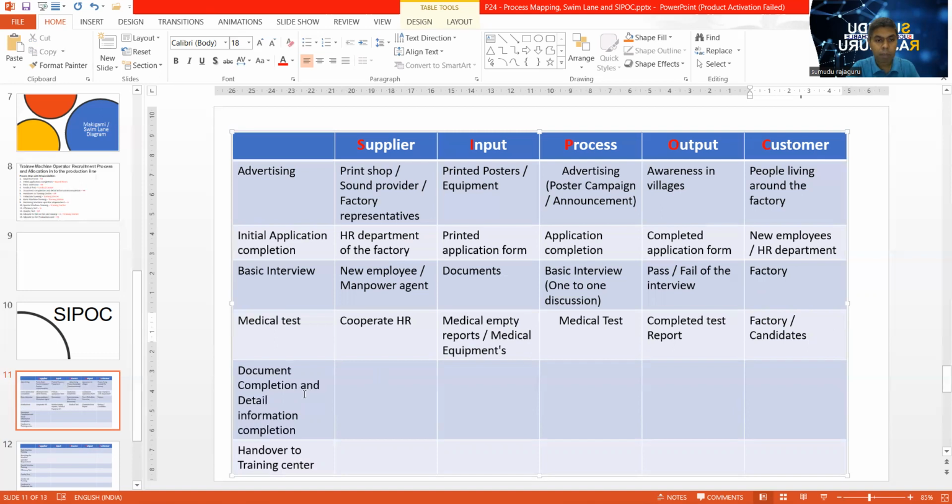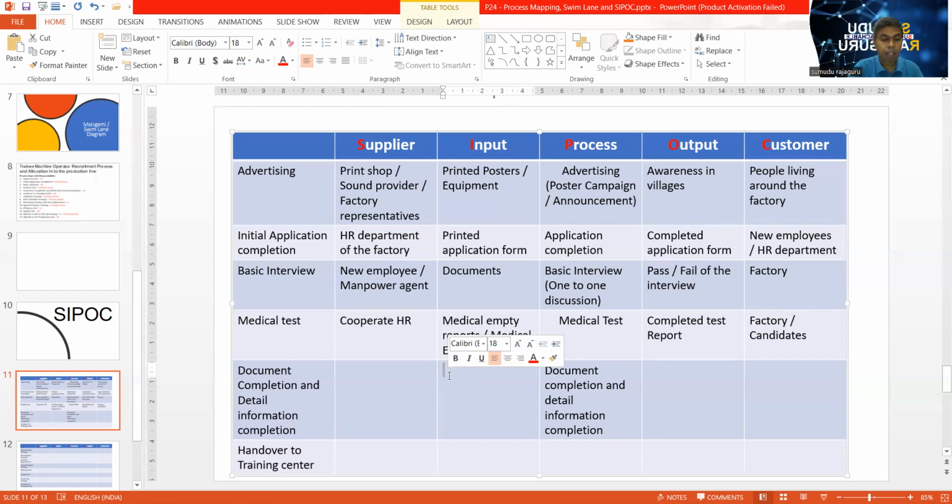Okay. Document completion and detailed information completion. The next process step is document completion and detailed information completion. What is the input? Maybe standard format, because the factory uses standard format and standard files to complete this process.